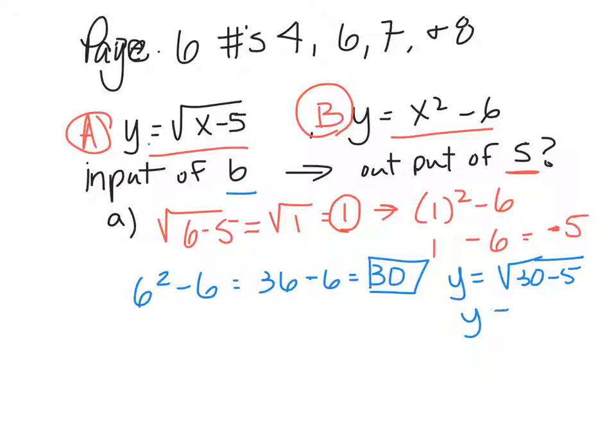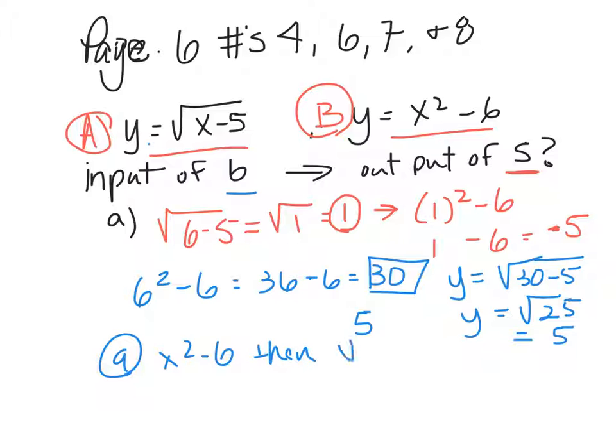Well, if you subtract 5 from 30, I think you know what you get. What is the square root of 25? It is 5, right? There we go. So the answer to A is, first, x squared minus 6, then the square root of x minus 5.